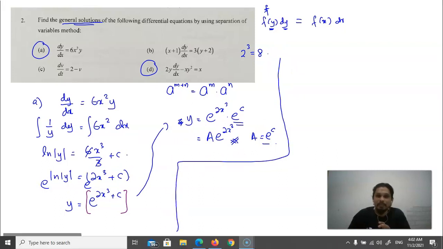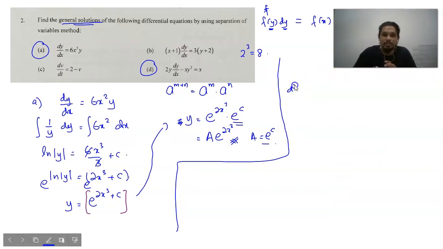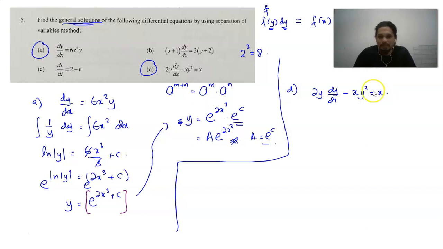And now the second question, which is d. I choose d now: 2y dy/dx minus xy squared equals x. I think we bring this negative xy squared to the other side.